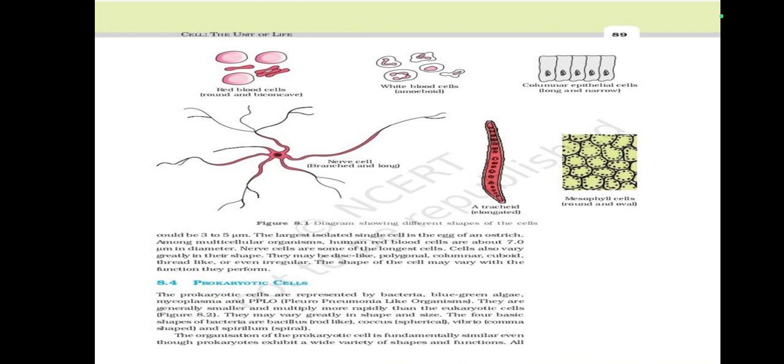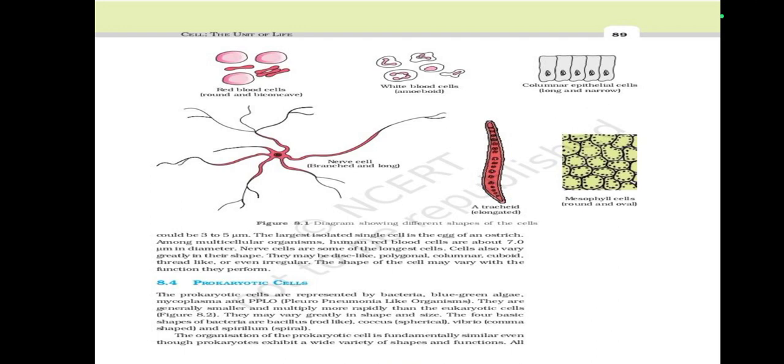Among multicellular organisms, human red blood cells are about 7 micrometer in diameter. Nerve cells are some of the longest cells. Cells also vary greatly in their shape. They may be disc-like, polygonal, columnar, cuboid, thread-like, or even irregular. The shape of the cell may vary with the function they perform.